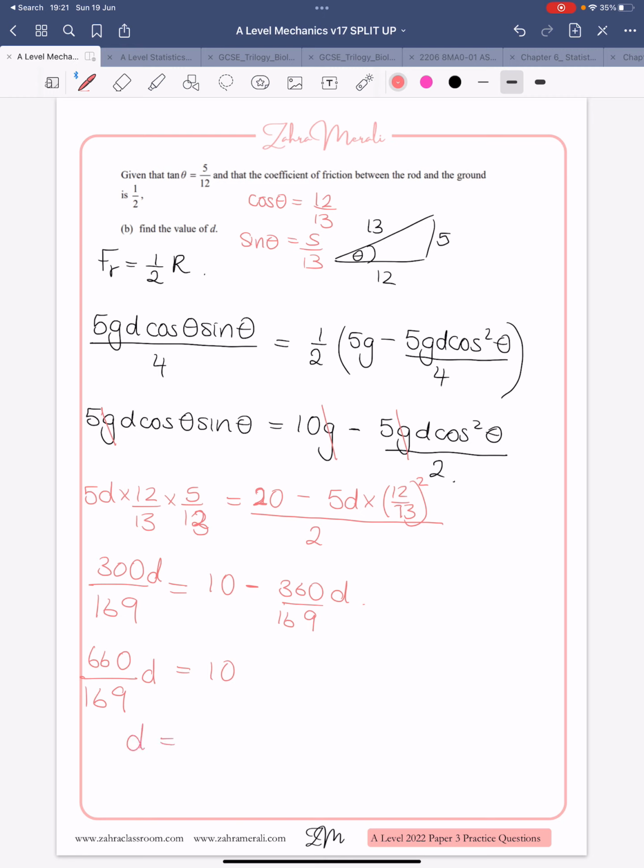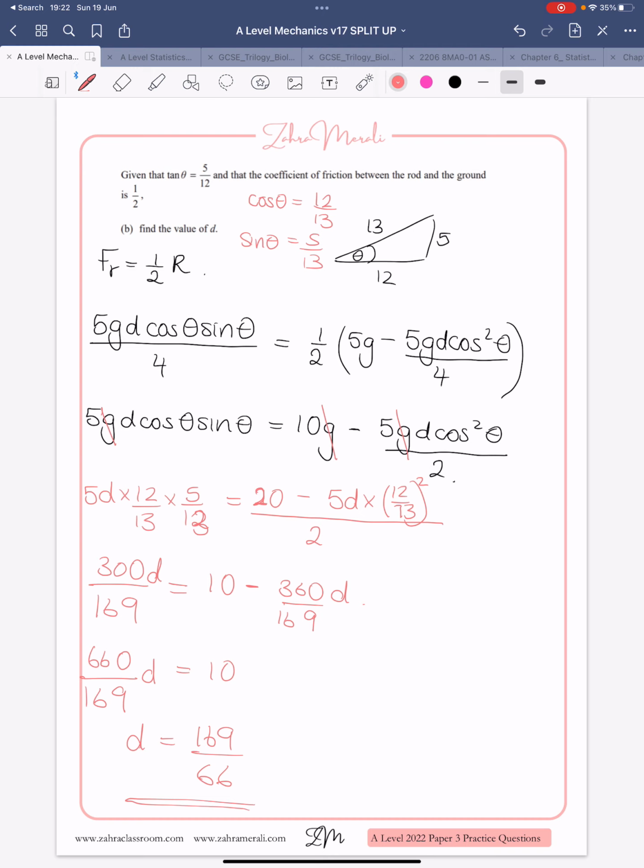So d equals 10 divided by, so I'm going to multiply by 169 over 660, and I get 169 over 66, which is the solution.